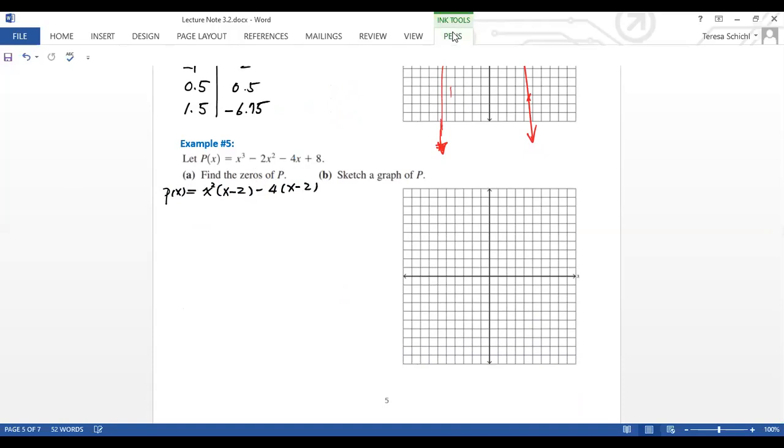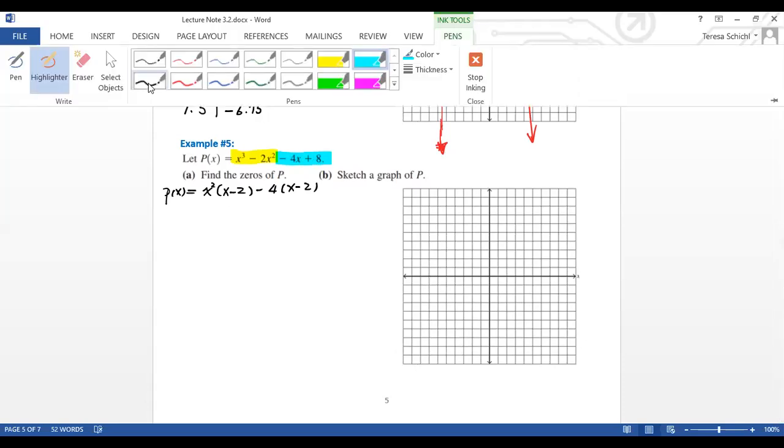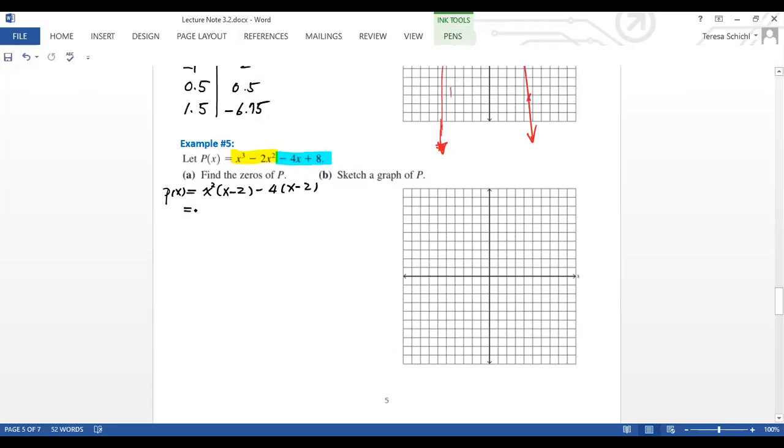So I factor by grouping, right? I group this one and I group this one. Okay, so now x minus 2 factored out, I have x squared minus 4. Then what happens here is x minus 2 and x plus 2, right?